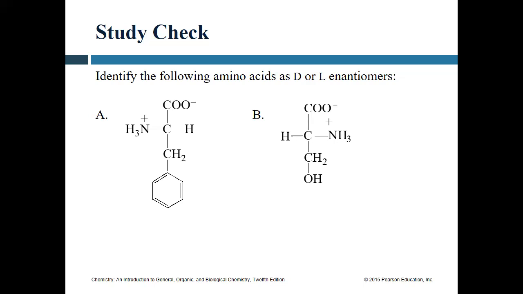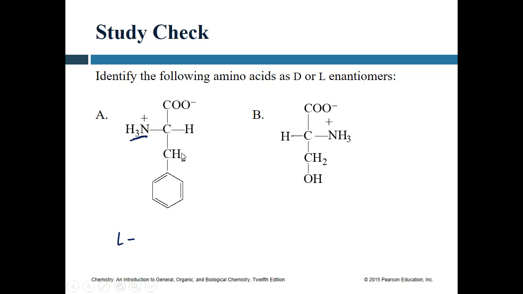So doing a question like this, it's relatively straightforward. We can recognize that the amino group is here on the left. So L is going to be its name. If we were going to identify it, we would need to find it.